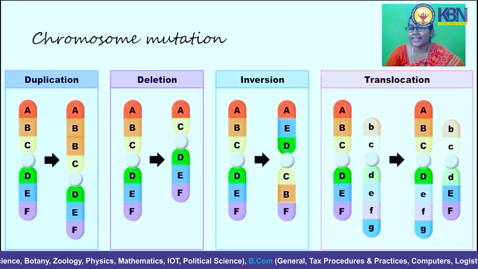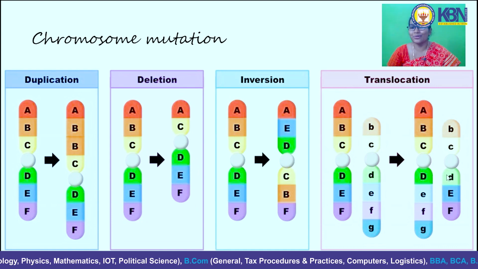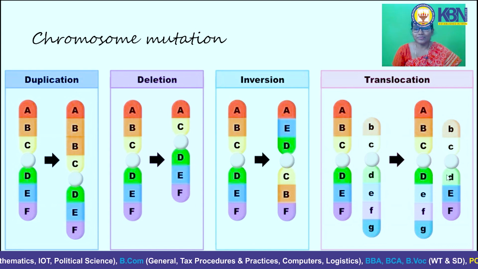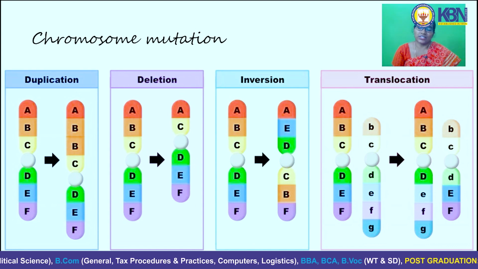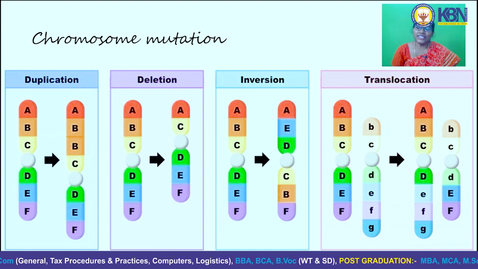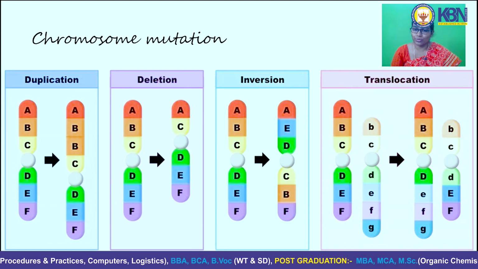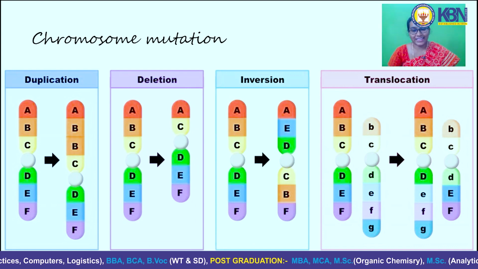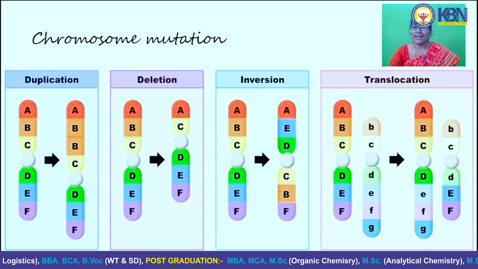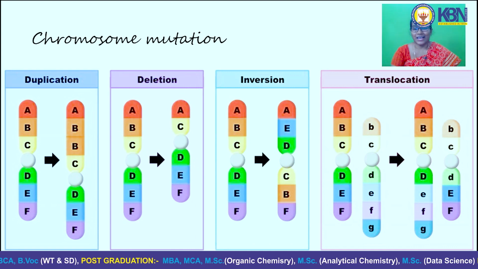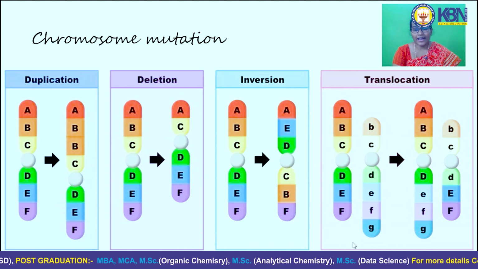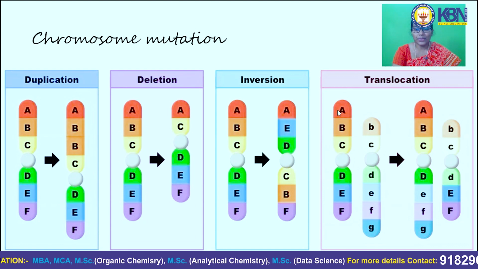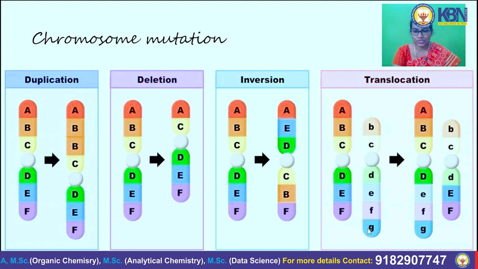Let us understand the last one, translocation. In translocation, the genes or fragments of a chromosome pinch off and get attached to the other chromosome. Observe here. We have 2 chromosomes, one with capital letters and one with small letters.